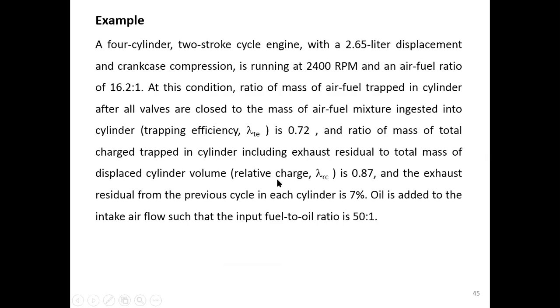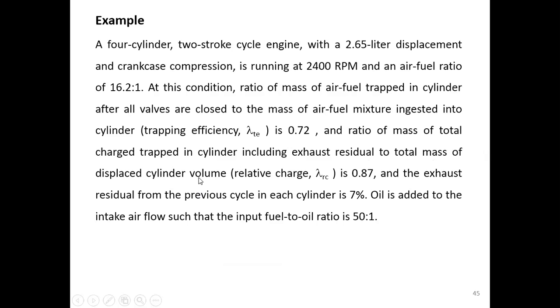And if you also consider another mass, which is the exhaust mass that does not flow out, this will be the second ratio. This is the mass in the second ratio that they talk about, which is the mass of the total charge trapped in the cylinder, including the exhaust residue, to what? To the total mass of the displaced cylinder volume.